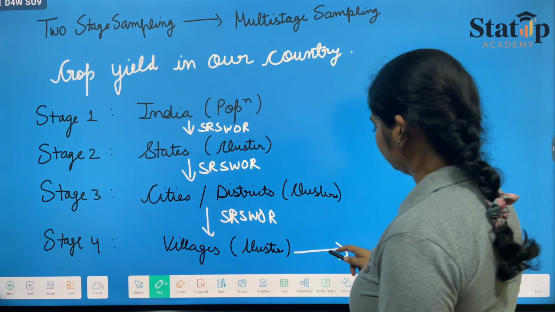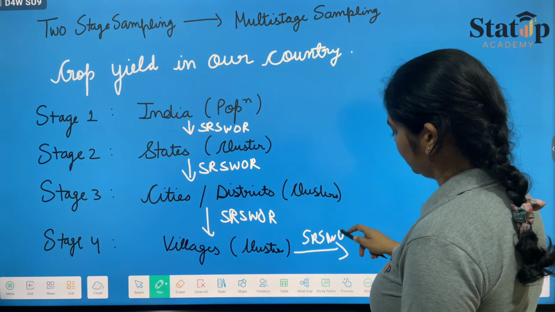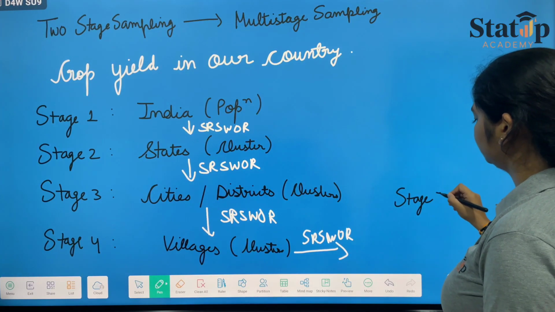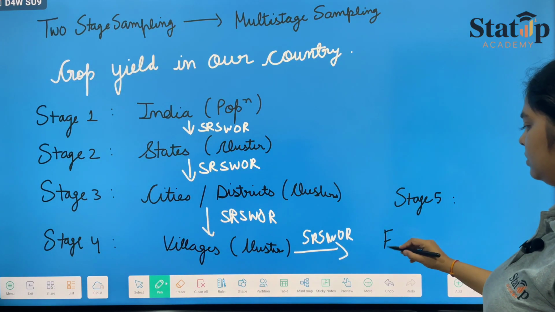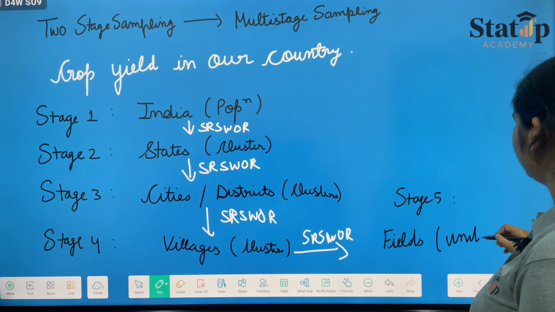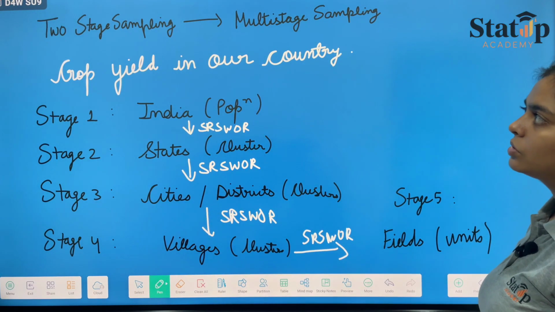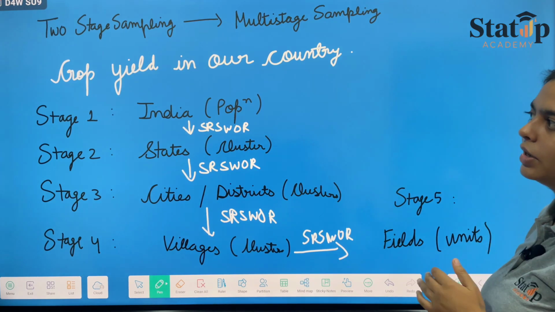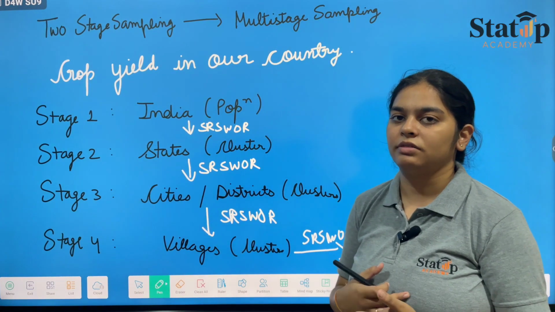From here again, simple random sampling without replacement, we select our stage 5, which is nothing but fields. These are the units on which the experiment is conducted. So this is another example of multi-stage sampling, in which there are 5 stages. There can be more than 5, there can be less than 5.